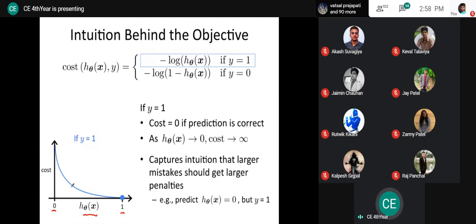If you observe, whenever the hypothesis value is 1, the cost is almost 0. And whenever the hypothesis value is 0, the cost is almost infinity. Once again, whenever your prediction is 1, the cost value is 0, and whenever prediction is 0, the cost value is infinity.